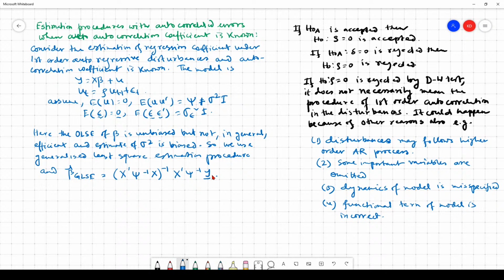And xi inverse is of this form. If you write down the form of xi, then you can easily compute xi inverse.